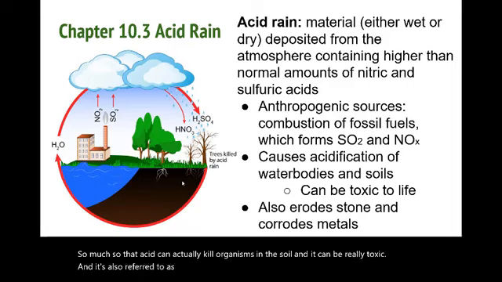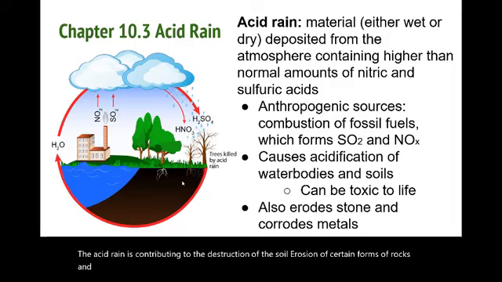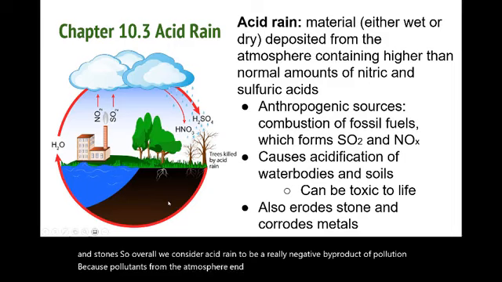Acidification is when the acid rain is contributing to the destruction of the soil and erosion of certain forms of rocks and stones. So overall, we consider acid rain to be a really negative byproduct of pollution, because pollutants from the atmosphere end up being below the surface, right, in the soil.